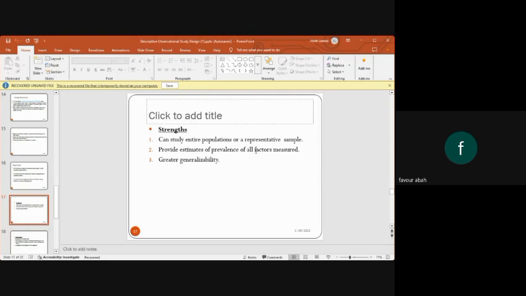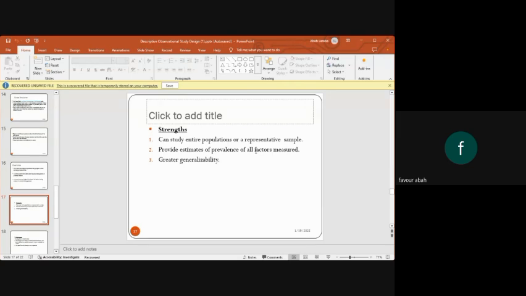Then it provides estimates of prevalence of all factors measured. When you do your cross-sectional study and you begin to analyze your data, you can tell the prevalence of all the factors that are measured. Maybe you have the prevalence of smokers among the community you went to. You can tell how many persons smoke, how many persons do not smoke.